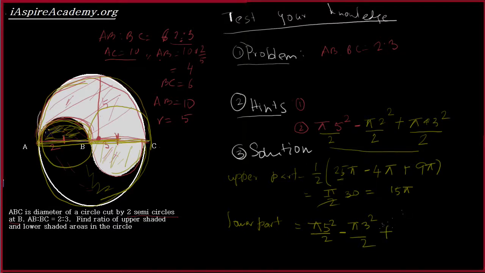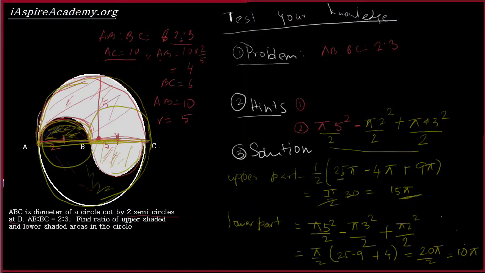Plus, we have to add the lower part, which is pi times 2 square by 2. So this will lead to pi by 2 times 25 minus 9 plus 4, which is equal to 20 pi by 2, which is equal to 10 pi.